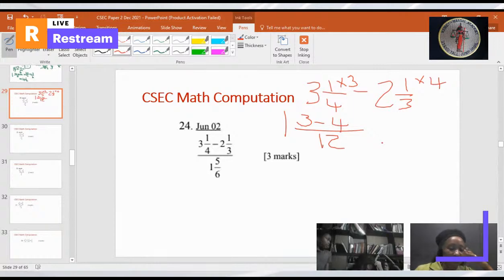3 minus 4. So we take 1 from the whole number and carry that 1 as the denominator over itself. So that's 12, and we add that to the 3. All right, so what do we have? 15, miss.